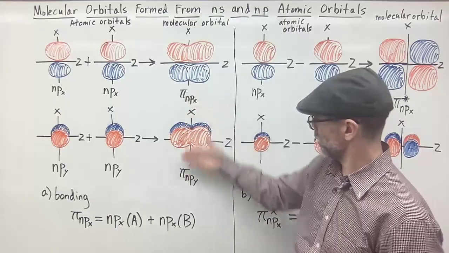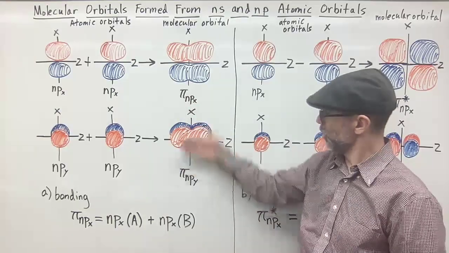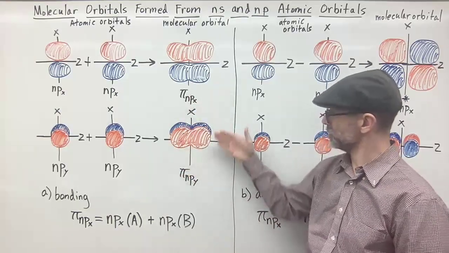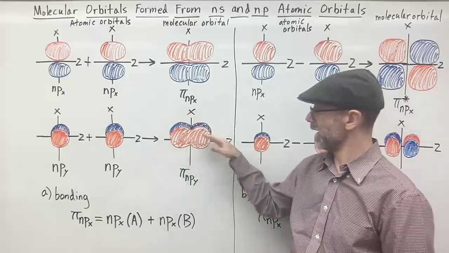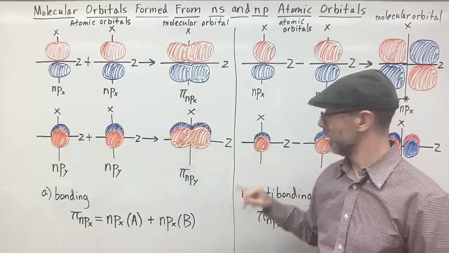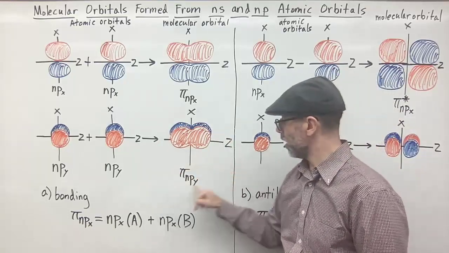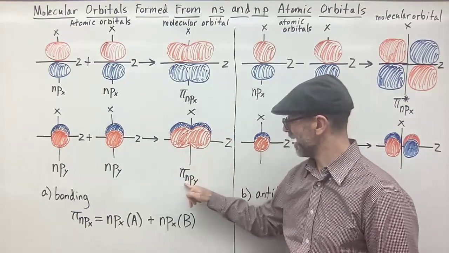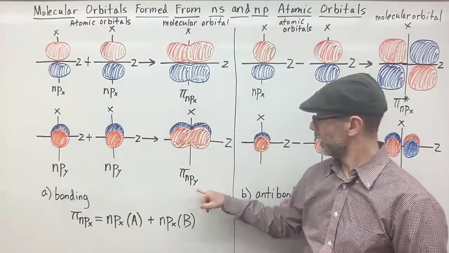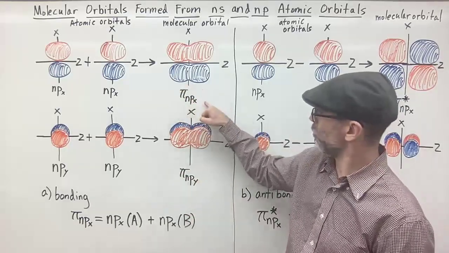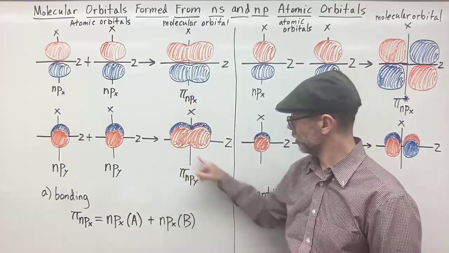There'll be a node in the middle on the z-axis, but to the front and back you've got this electron density, and that's your pi npy bonding orbital.